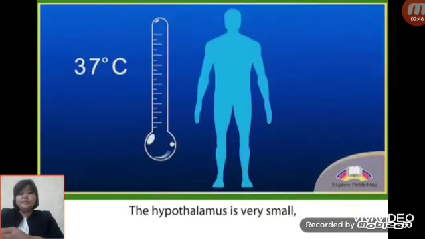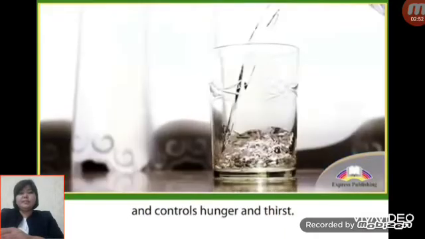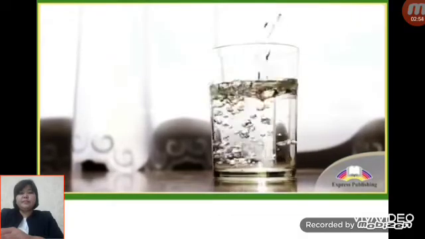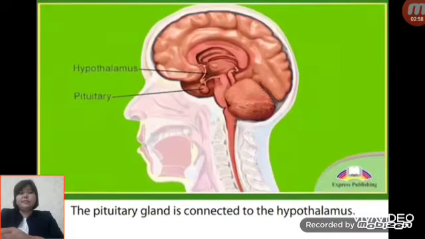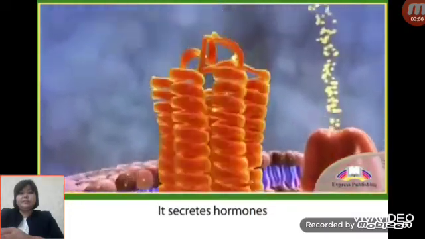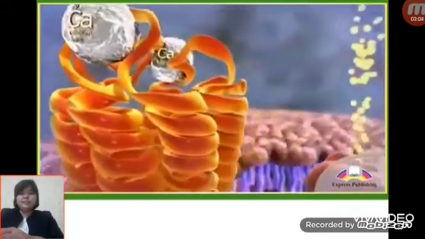The hypothalamus is very small, but it regulates body temperature, blood pressure, and hormones, and controls hunger and thirst. The pituitary gland is connected to the hypothalamus. It secretes hormones and links the nervous and endocrine systems.